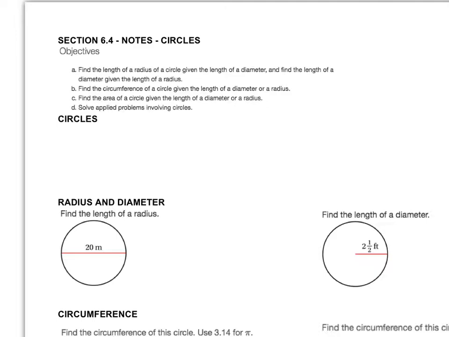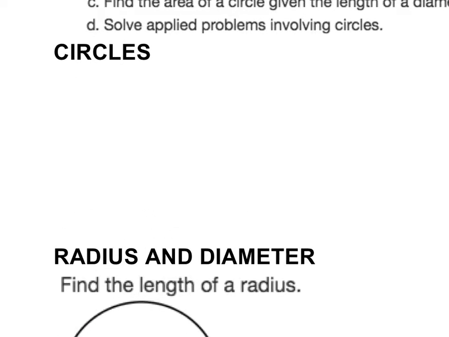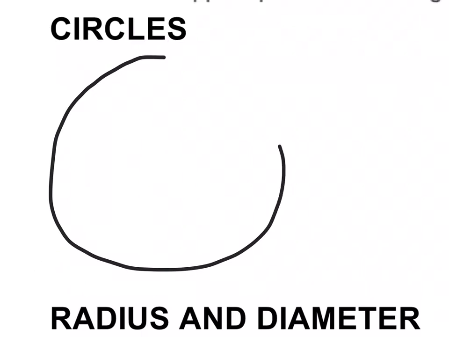So first things first, a circle. I'm going to come in here and draw a circle as best I can. And what I know about a circle is that every point along a circle is equidistant to the center of the circle.